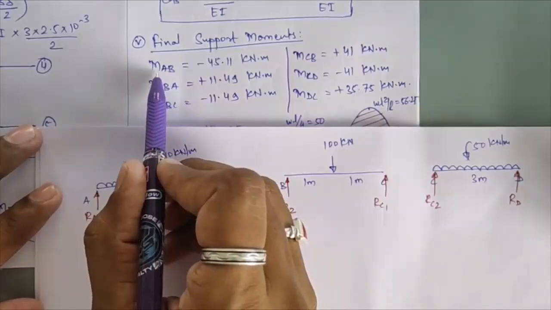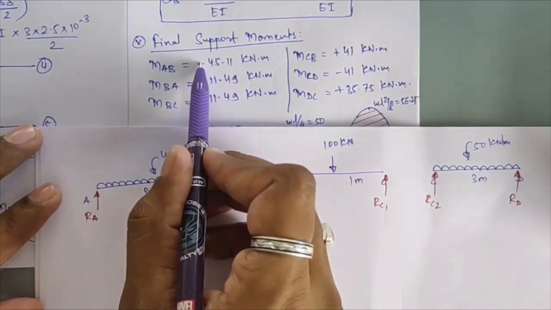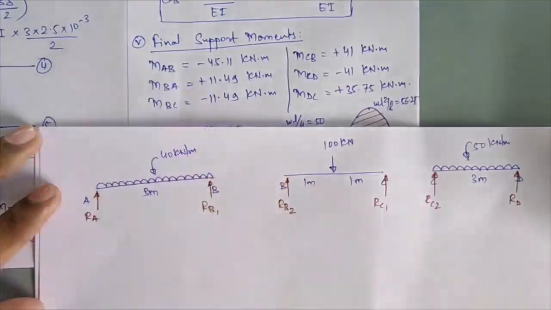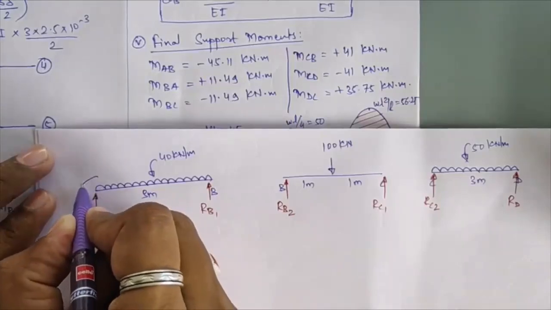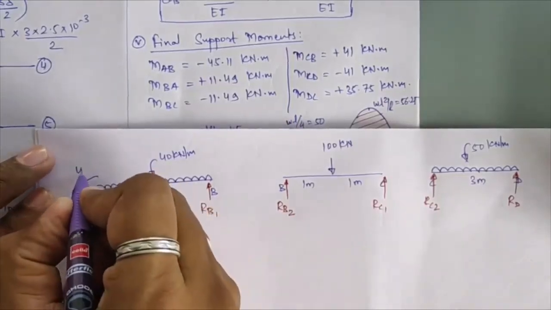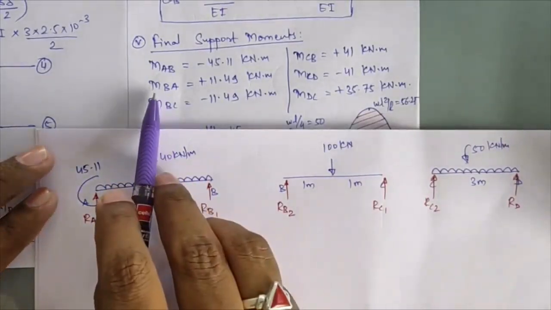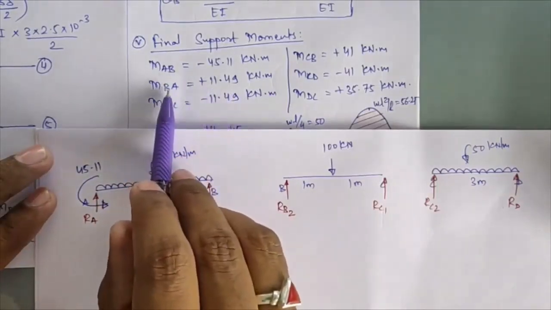Okay, so support moment at A, you are getting minus 45.11. What this minus is indicating, that your nature of moment will be anti-clockwise in nature, because we are assuming clockwise as positive over there. That is, this moment I will mark here anti-clockwise nature equal to 45.11.